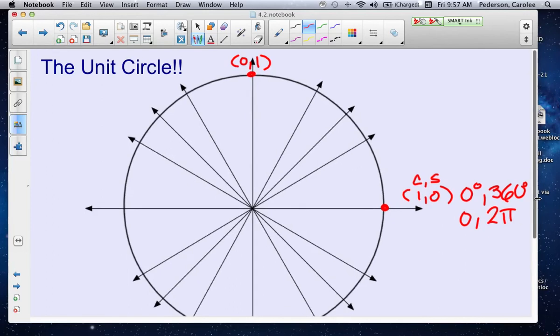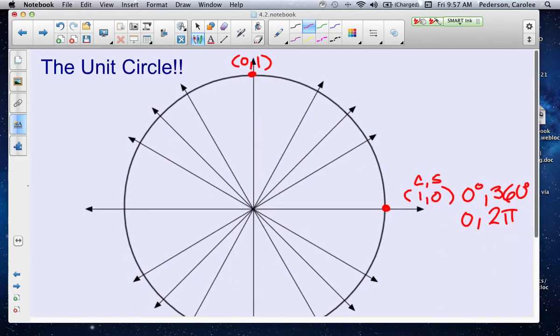90 degrees, or in radians, 1/2 of a pi. Then we come over to this point. Now we're going left 1 and up 0.